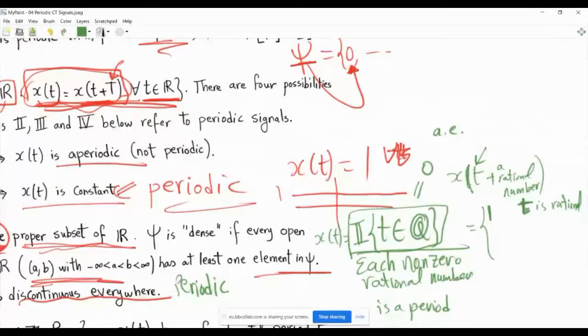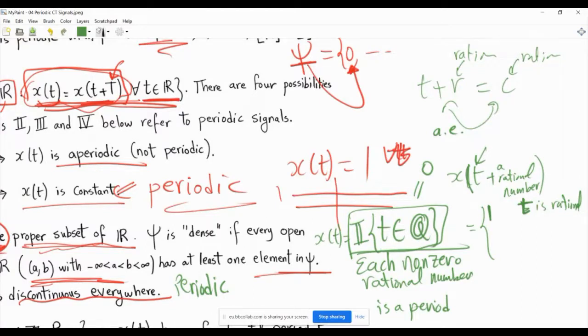Now, if t is irrational, then an irrational number plus a rational number is guaranteed to be irrational, because you can do a proof by contradiction. If you have an irrational number t plus a rational number r equal to a rational number c, then subtracting r on both sides, you get t equal to c minus r, and a rational number minus a rational number is rational, so irrational equals rational does not make any sense.